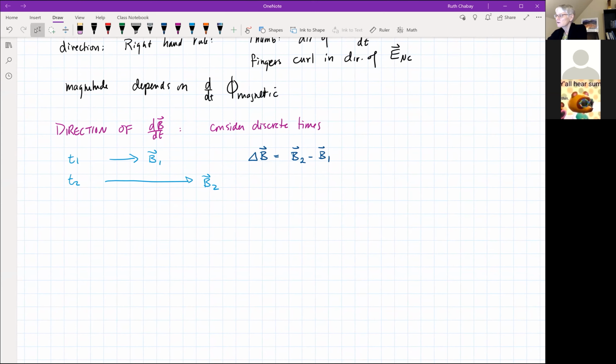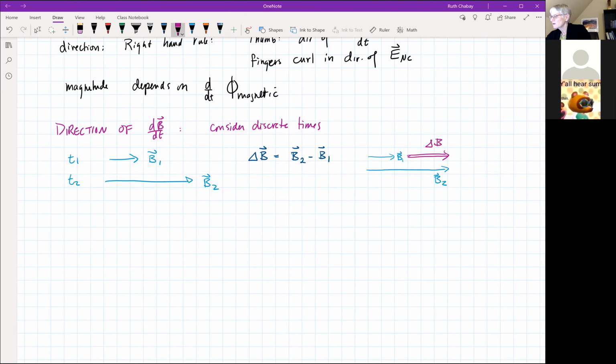So in this case, we would draw B1 and B2. We won't draw them quite on top of each other because that's hard to do. And then B2 minus B1, sorry, B2 minus B1 is delta B, which is that way.